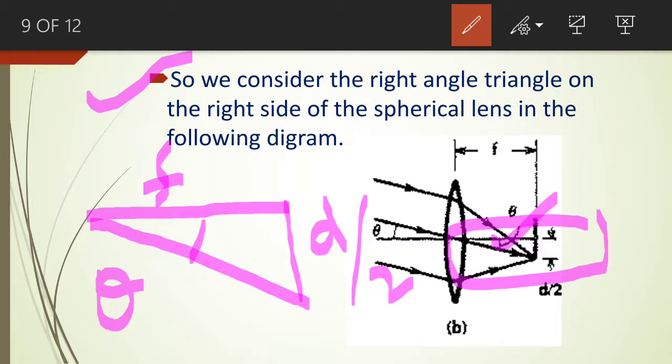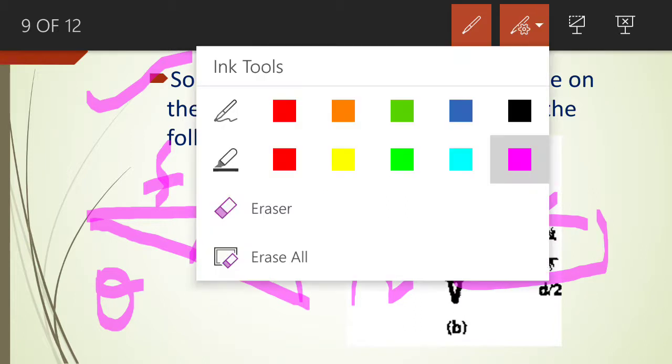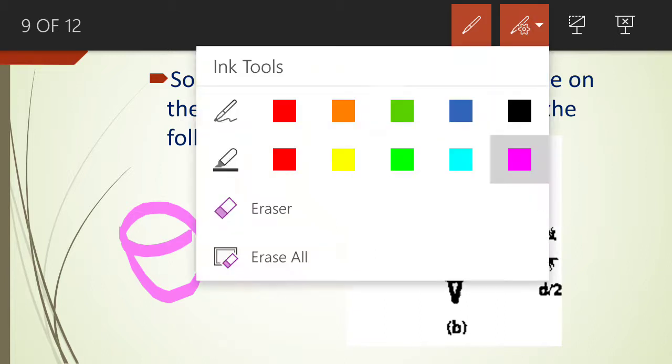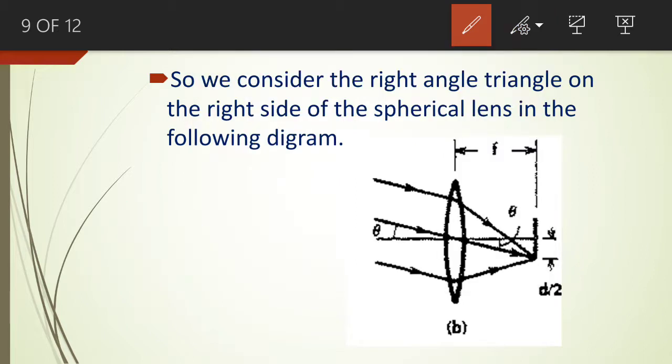So we will consider this right angle triangle in this class, and we will find out the maximum acceptance angle with the help of this right angle triangle. And once this angle is known, we can find out the numerical aperture of the photodetector.